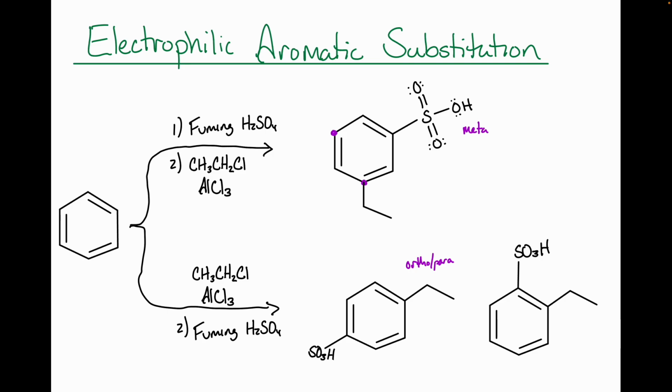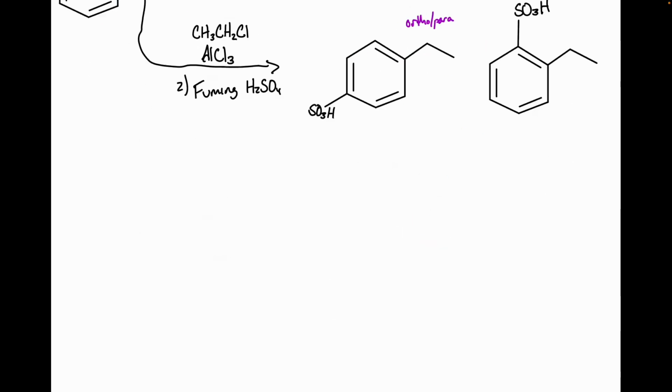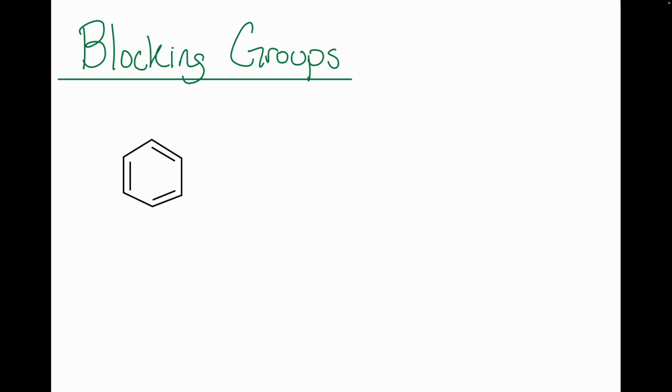Okay, we did in a previous example that alkyl group, and we got a mixture of our ortho-para products. Let me just copy a benzene ring. Okay, but we also talked about how if we used a very large group, so let's just use a very bulky alkyl group here.